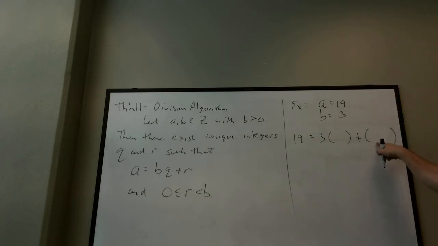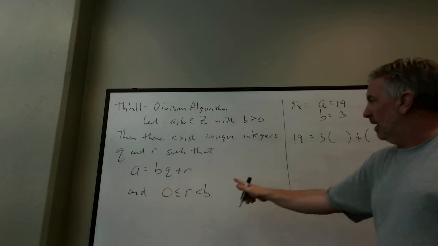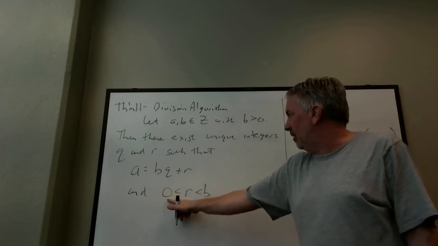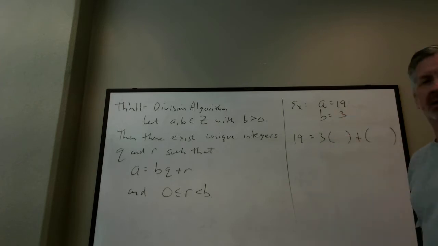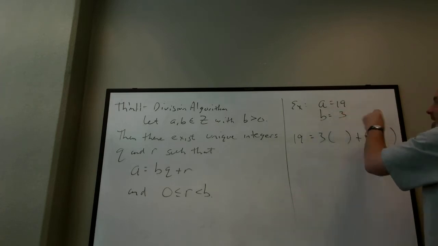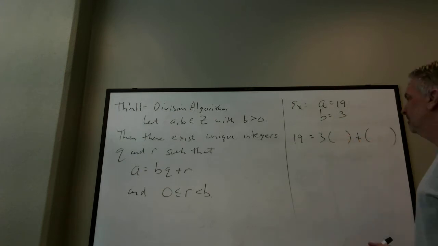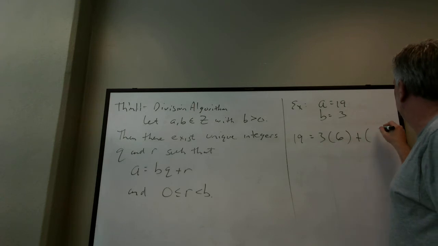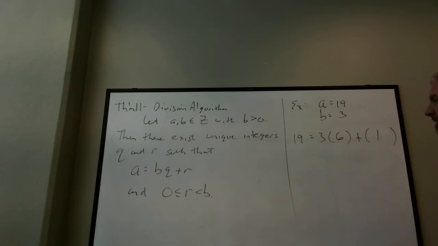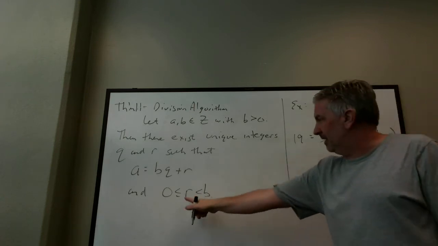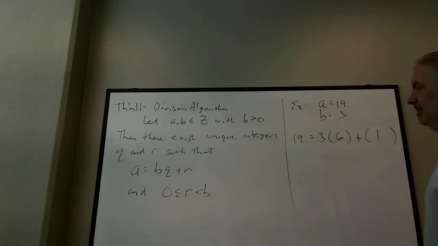Now there's a restriction here. Remember, this number can be anything, the q, but what's r? R has to be at least 0, and it's strictly less than the 3. So think of it this way. It's 19, you're dividing by 3. And so the number here is the quotient, and that's the remainder. And so it's going to be 6 and 1, isn't it? 18 plus 1 is 19. And notice my r here is bigger than or equal to 0, but strictly less than b.